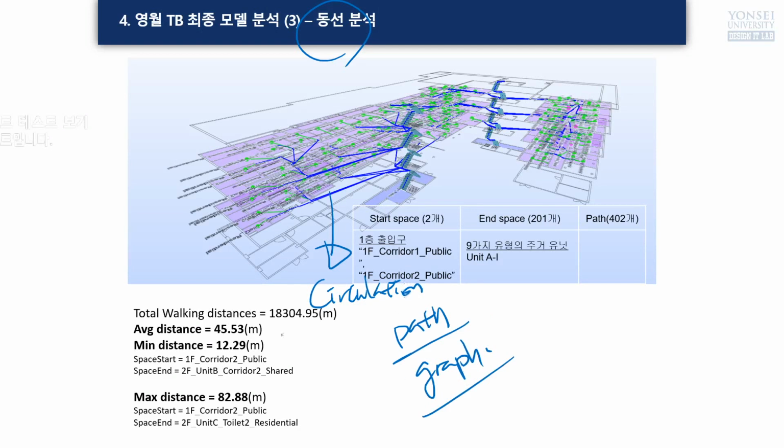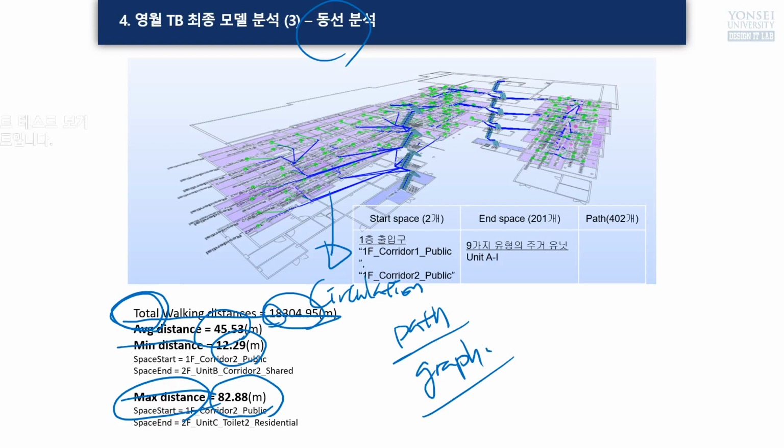And this path graph returns very precisely calculated distances. And this one can simply extract the total walking distance of this building, which is going to be 18 kilometers. Wow. How can 18 kilometers be derived from this building? Because this is the total sum of these edge lengths.